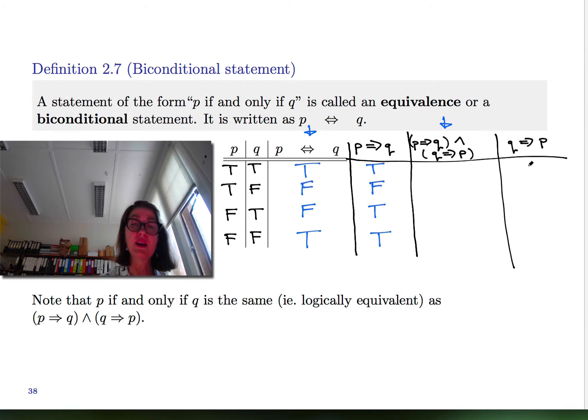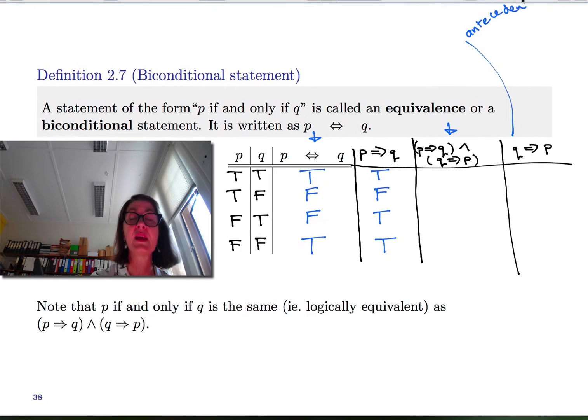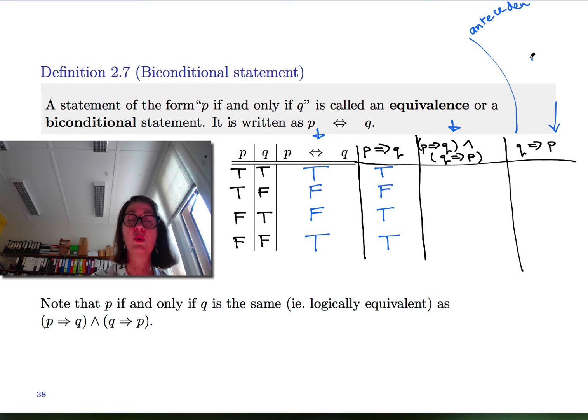If we think about that going back the other way, so now Q is this thing called the antecedent. So we should say that at the beginning, the first thing is called the antecedent, and the second thing is called the consequent. So when we think about Q as being the antecedent here instead of P, then we're going in the opposite direction.